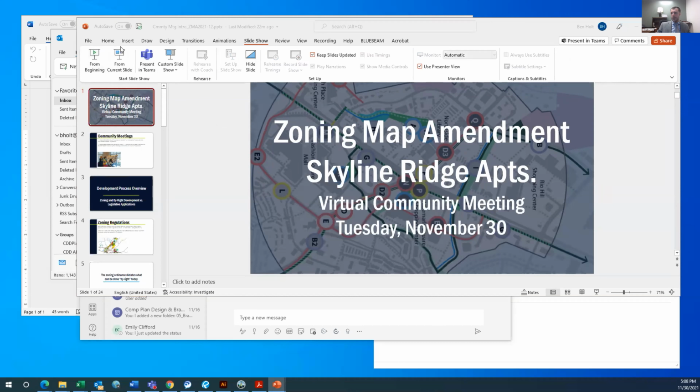All right, so again, the purpose of this meeting is to share information about the project and to solicit public input. A summary of any input from this meeting will be included in the staff report that's going to be reviewed by the Planning Commission and the Board of Supervisors.